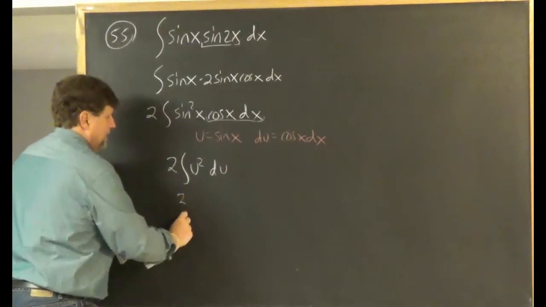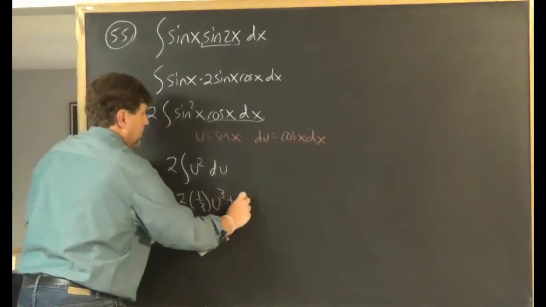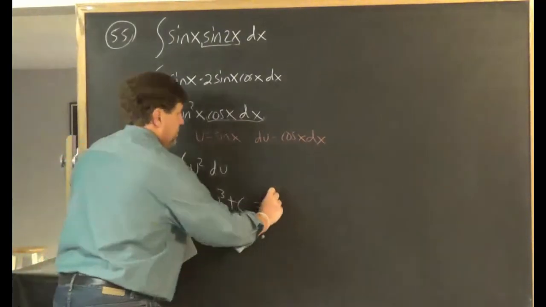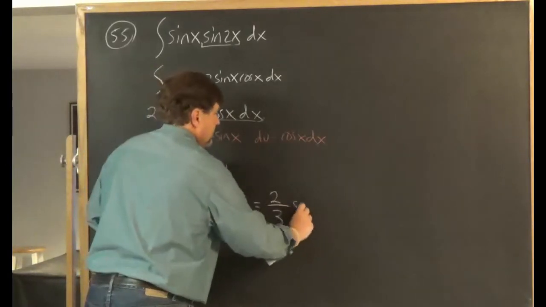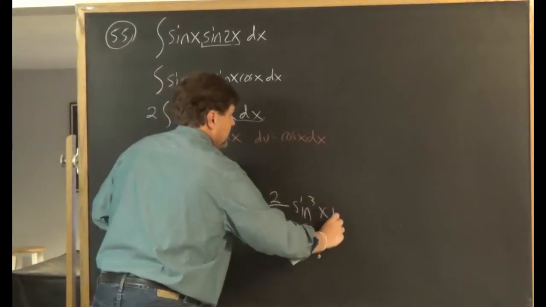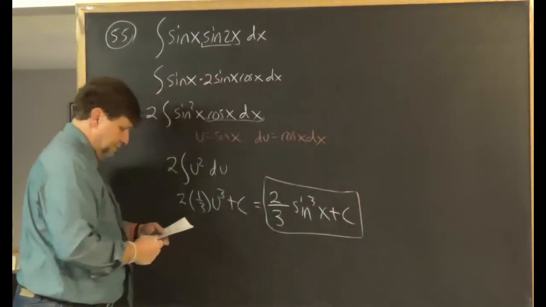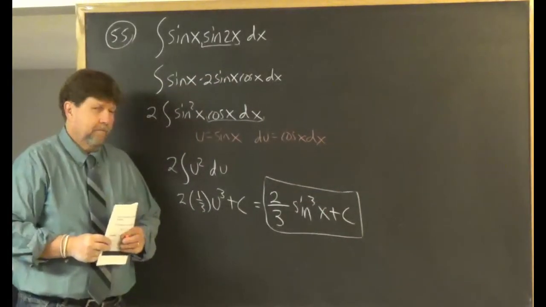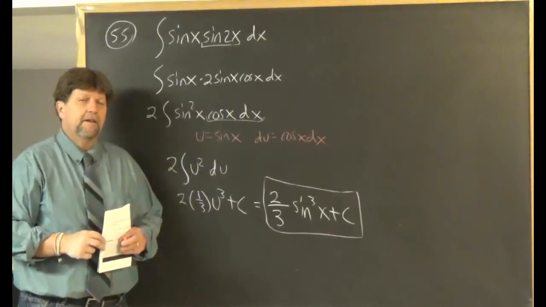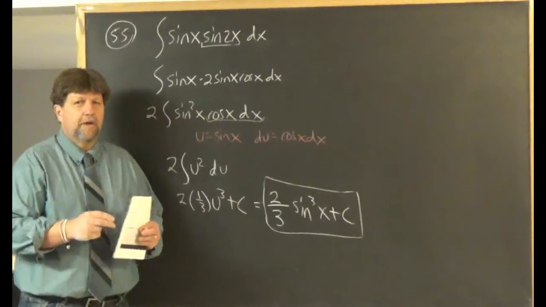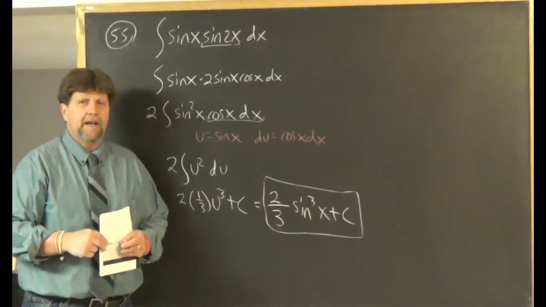So I get my antiderivative and resubstitute to get an answer of 2/3 sine cubed x plus c. So that was it for 55. Hopefully you got it. I'm going to have to erase the board and get prepped, so I'll be right back to do number 59.